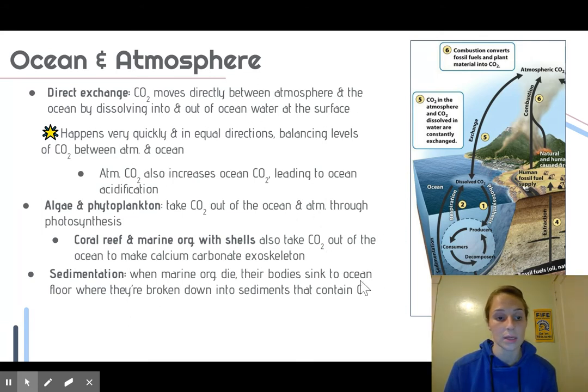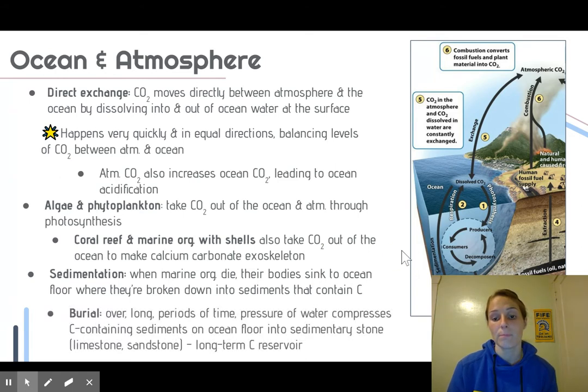a process in this. Now, also in the ocean, you have sedimentation, which I mentioned earlier, is when marine organisms die and their bodies sink to the ocean floor, and then their carcasses are broken down into sediment. So sediment on the ocean floor contains carbon. Then burial is the step after that, and this takes a long period of time.